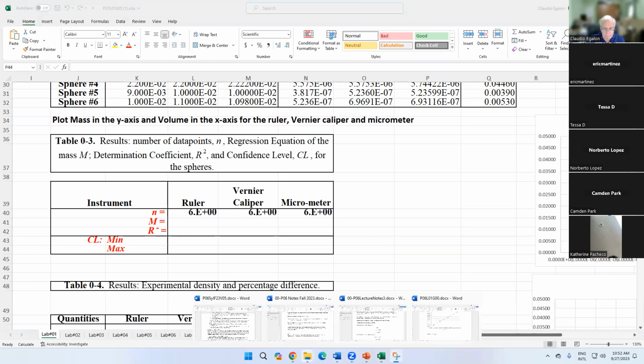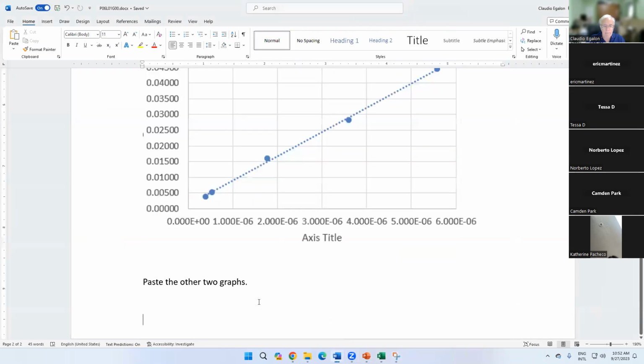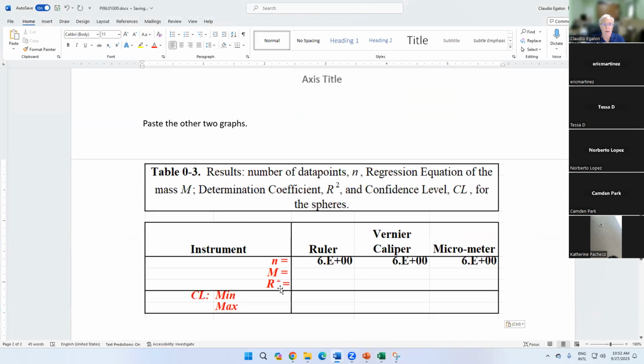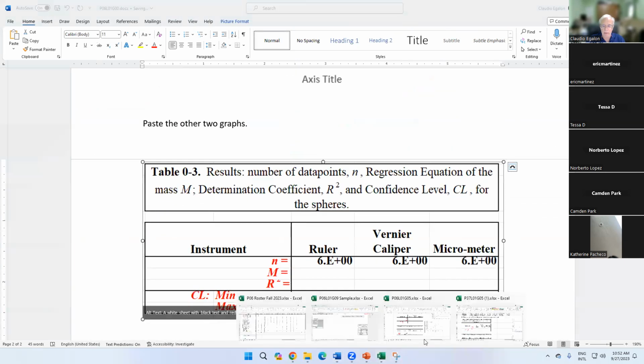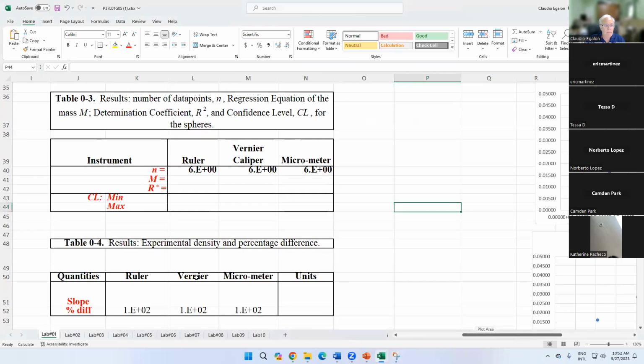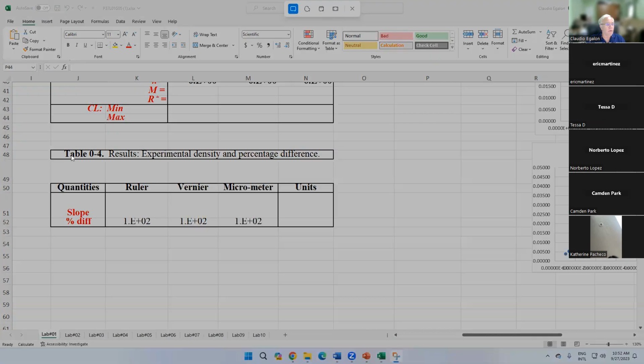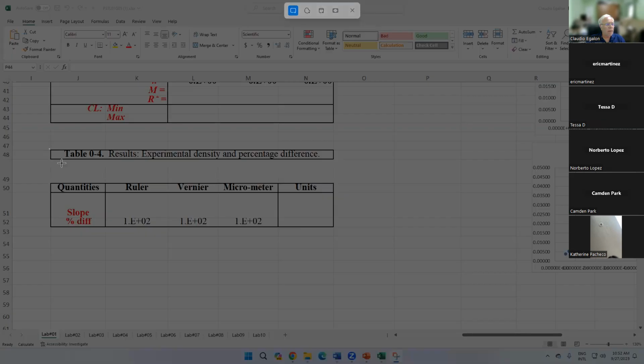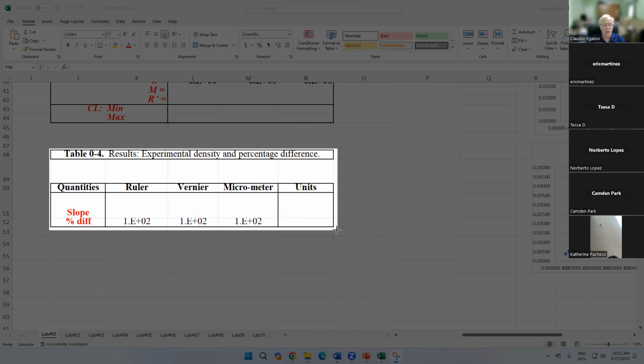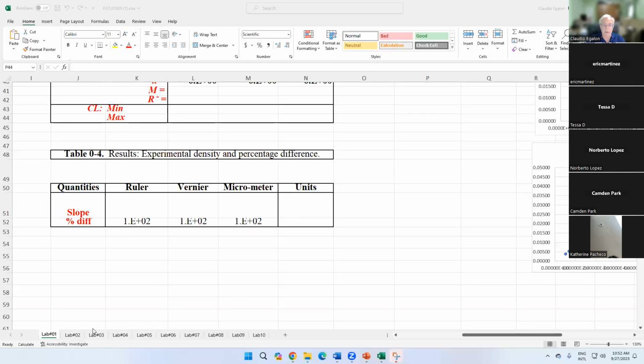Okay. Right in here, right? And you do the same with the other table here. Of course, the table must be the completed table, and not just this table that is incomplete.